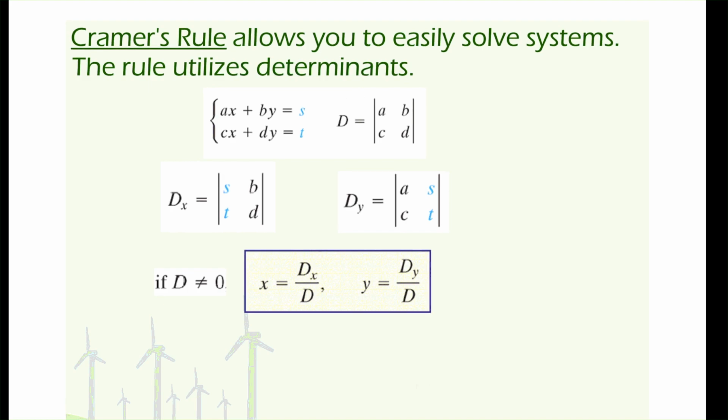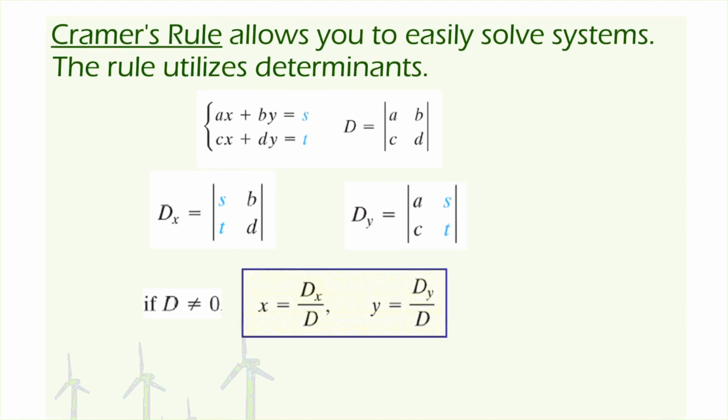Cramer's rule allows you to easily solve systems, and it uses determinants. The first thing you're going to do is calculate what is called the coefficient matrix. The coefficient matrix is the matrix generated by plucking off the coefficients of x and putting them as the first column in your matrix, and then plucking off the coefficients of y and putting those as the second column.